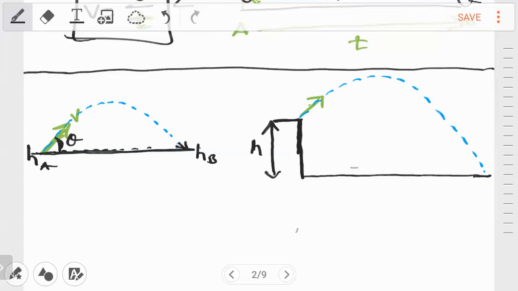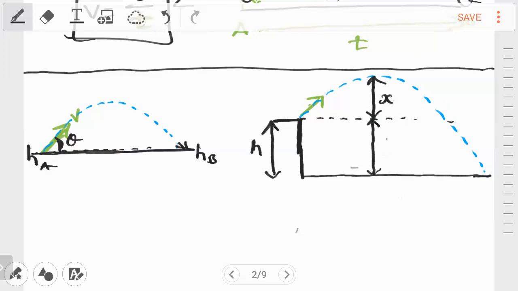And then, it depends really on what they want you to find here. But in this case, you will in most cases have to first get that extra height to the maximum height, that extra displacement. I can even label it x this time. So you need to get that. Why do you want to get that? So that you know the full height from the ground.